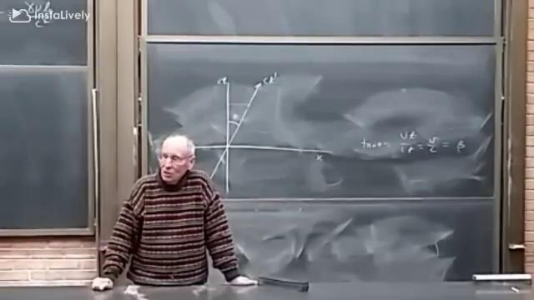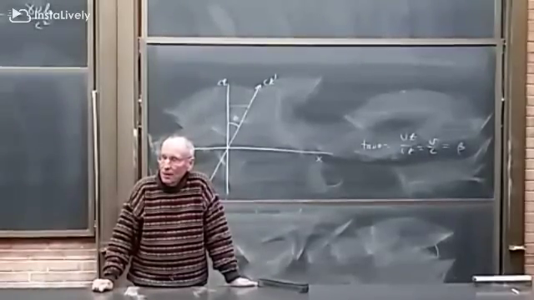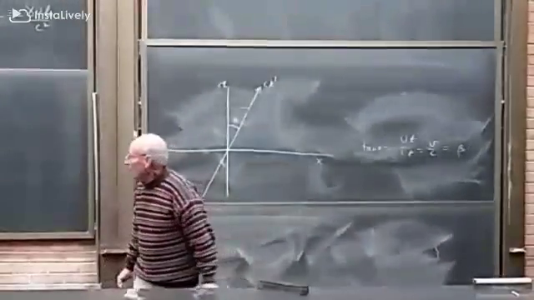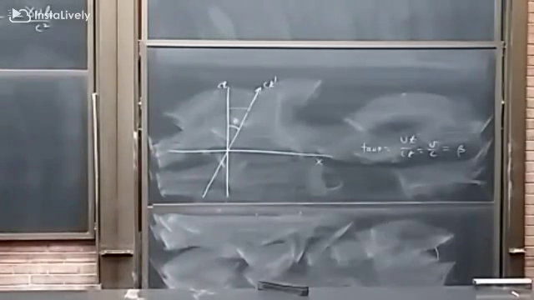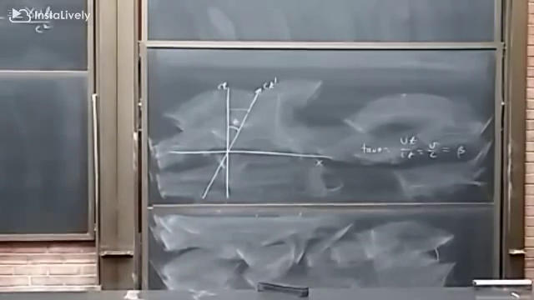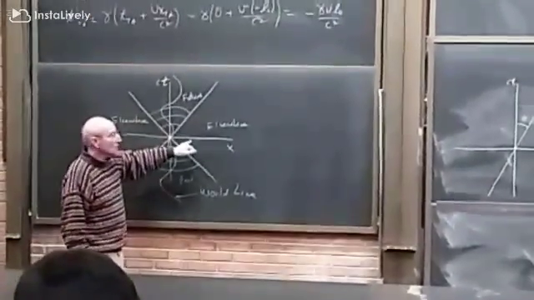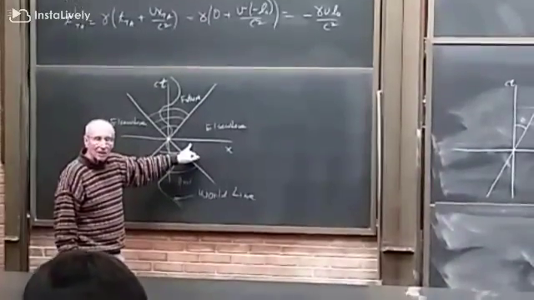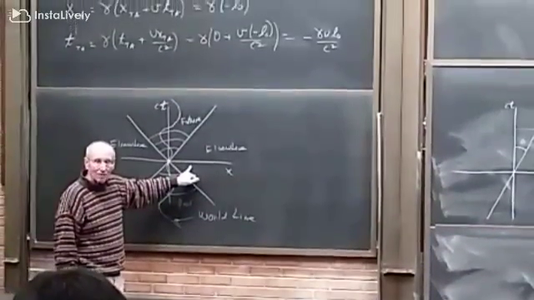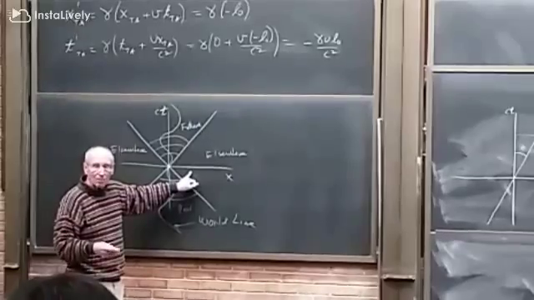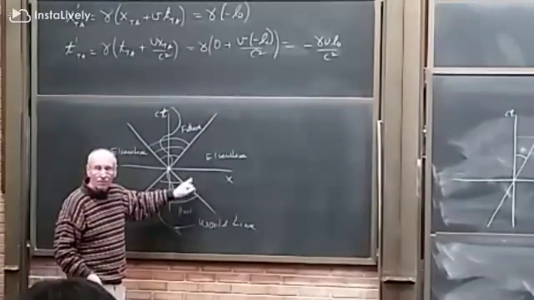It travels just the same as it did before. And that means that the path in the prime system has to be a straight line equidistant between the time axis and the x-axis. Right? Otherwise, it would not be traveling with speed c.